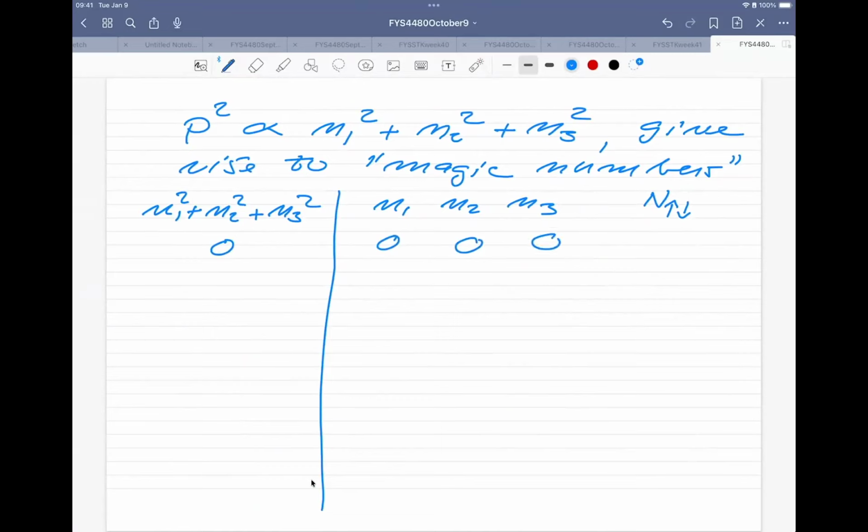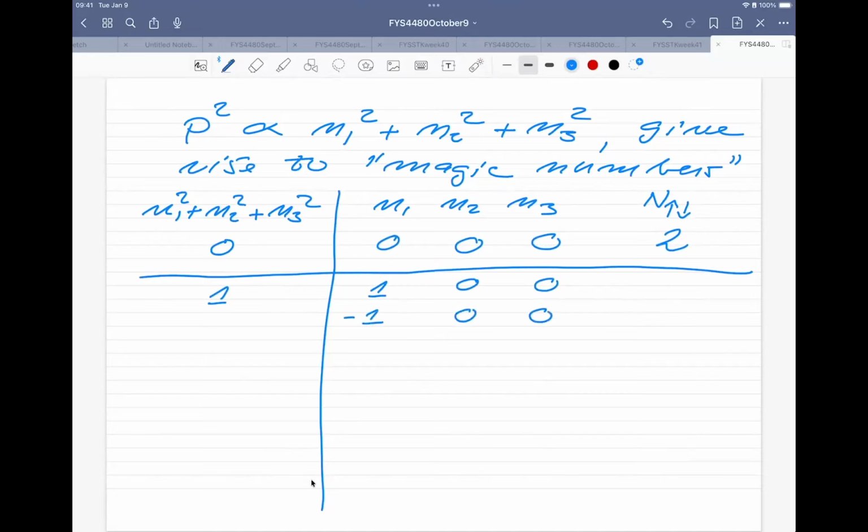Now I can have one particle with spin up and one with spin down. So that gives me 2 particles. Then my next energy changes by 1 unit because I can have n1 equal to 1, n2 equal to 0, and 0. But I can also have -1, 0, and 0.